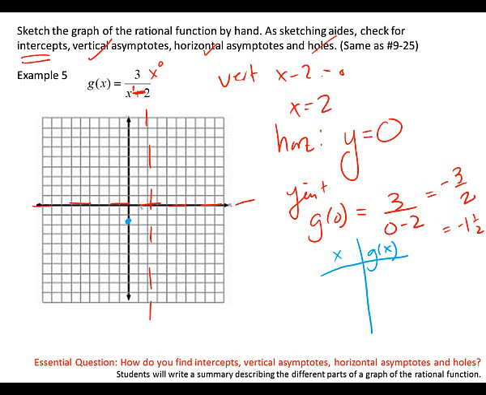What would be another number on the left side of the asymptote? 1 would work. Let's put 1 in. We've got 3 on the top. What is 1 minus 2? Negative 1. So 3 over negative 1 is going to be negative 3. So I know I'm going to have another point at 1, negative 3.